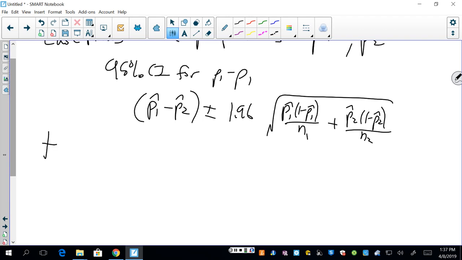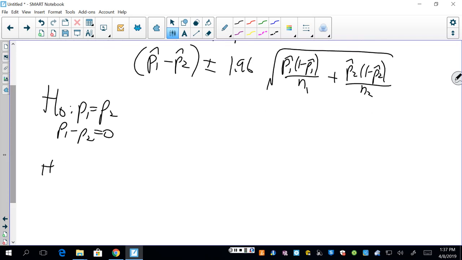If we want to do hypothesis testing, we can test whether these two things are the same or not, and the alternative is that they're not the same. In this case, we calculate a composite.